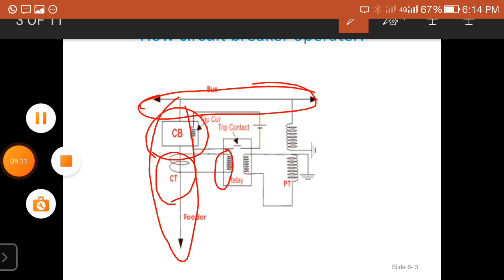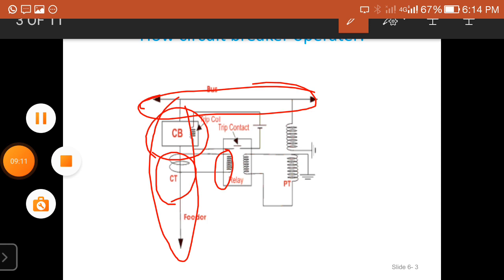Suppose a fault is obtained in the feeder line, the fault current flows through the CT secondary to the relay coil. Therefore, the relay coil MMF is increased.